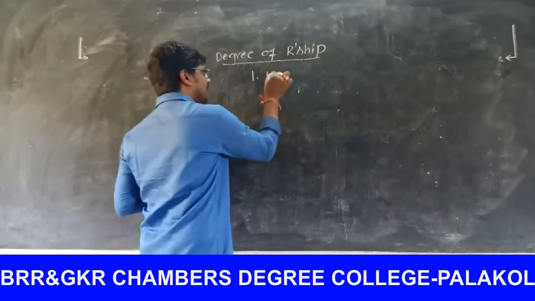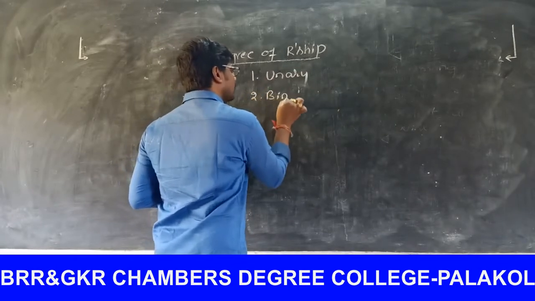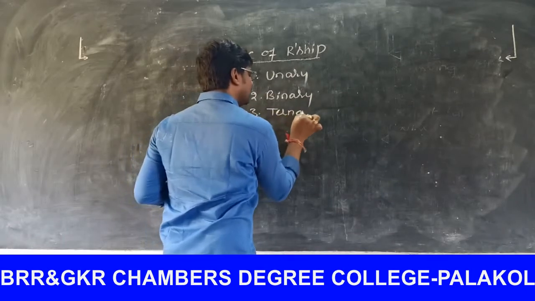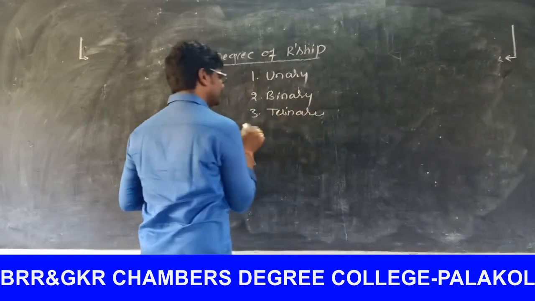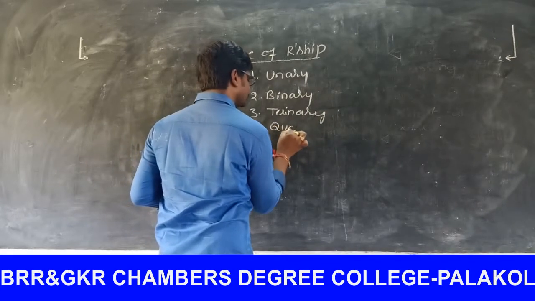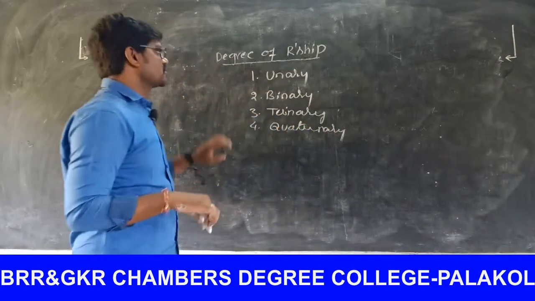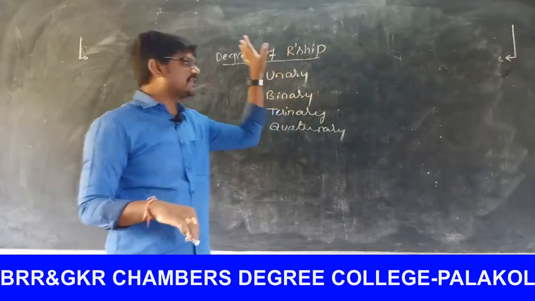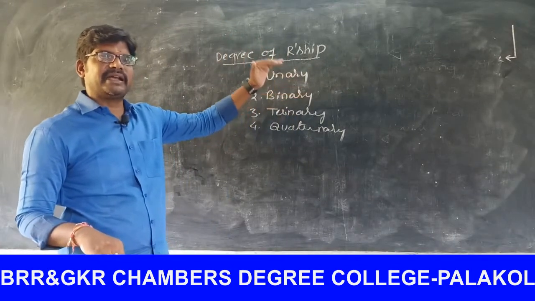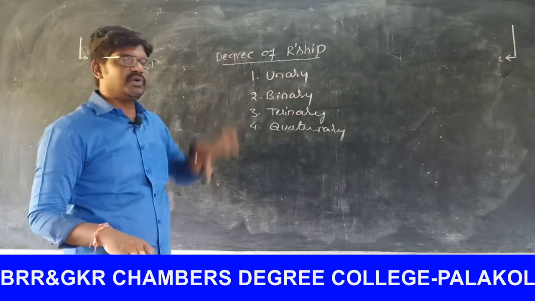One is unary, binary, ternary, quaternary. Okay, quaternary. So degree of relationship. What is degree of relationship? So the number of entities participated in a relationship, we call it as degree of relationship. So unary.